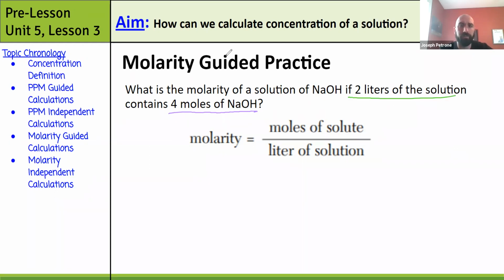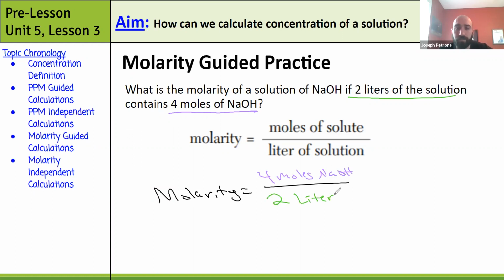So this one's pretty straightforward. We're just going to rewrite our formula. Molarity is equal to the moles of solute, so 4 moles NaOH, divided by the liters of solution, which we stated 2 liters solution.